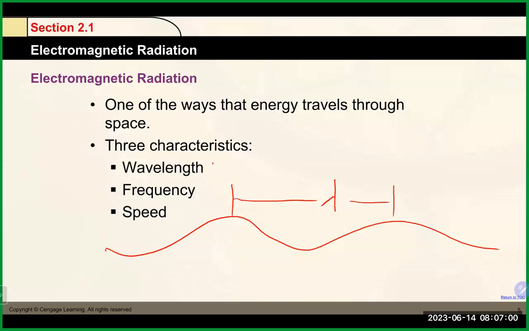The frequency is how fast a wave passes a particular point every second, or how often it passes a particular point every second. We also have the amplitude of the wave, from the baseline to the top. And the speed obviously is how fast it's moving. A lot of times that's going to be in meters per second.